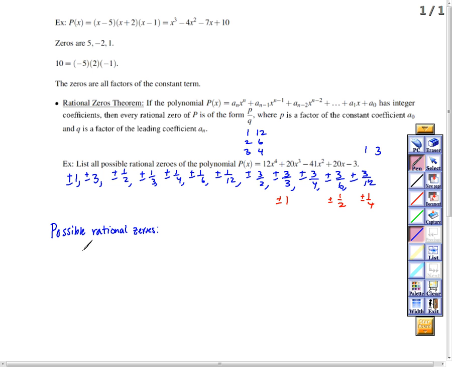Plus or minus 1, plus or minus 3, plus or minus 1/2, plus or minus 1/3, plus or minus 1/4, plus or minus 1/6, plus or minus 1/12, plus or minus 3/2, plus or minus 3/4. And you can switch the order, whatever you want to do, but these are all the possible rational zeros that we have for this polynomial.